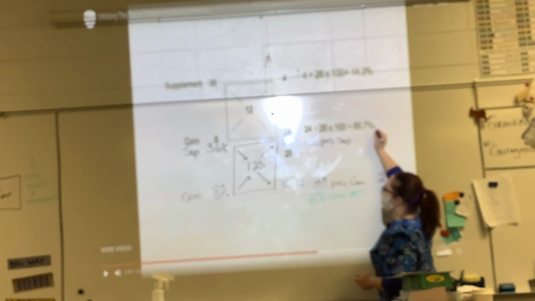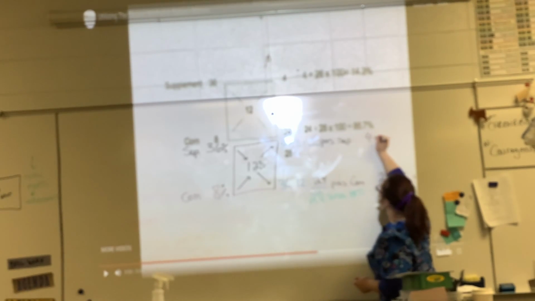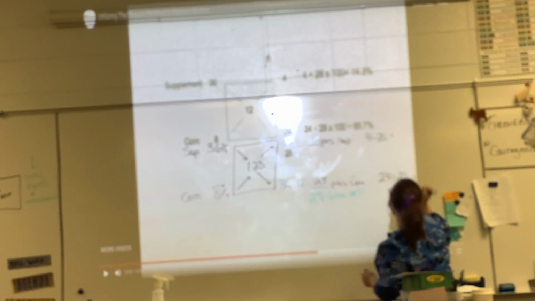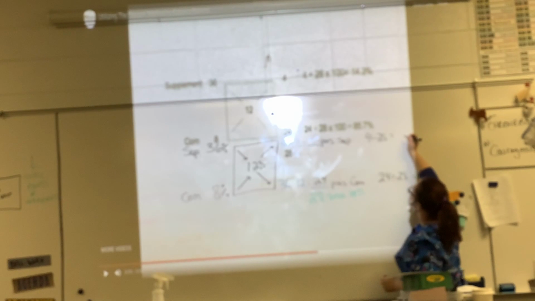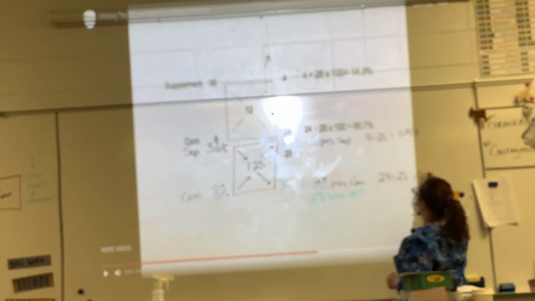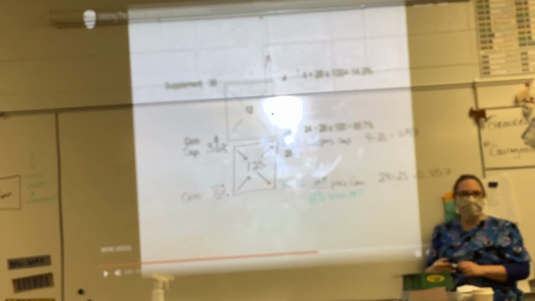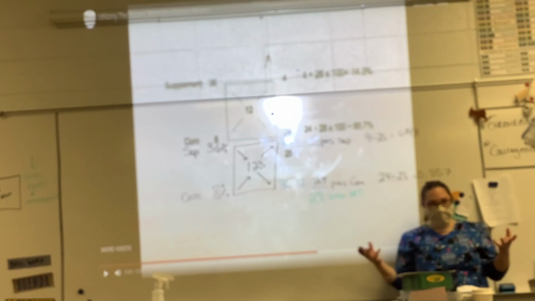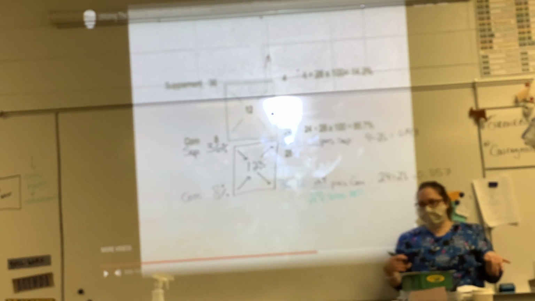To figure out my supplement, 4 divided by 28. Right? Did my decimals work out right? Okay. But I want it on a whole percentage, yeah? So I multiply that by the 100.